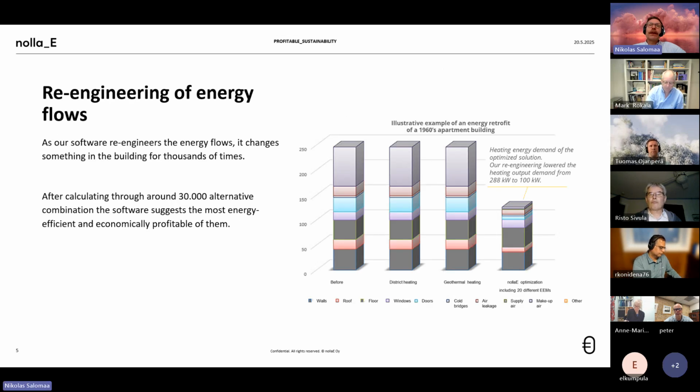This means that when we have done the simulation, we know the situation before. Then the software starts making a new energy simulation, but it changes something in the building.